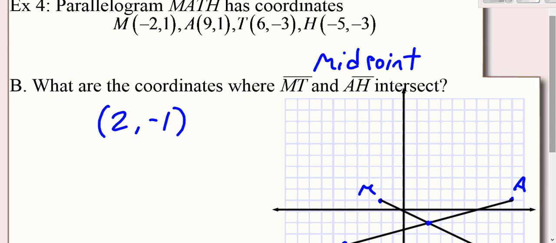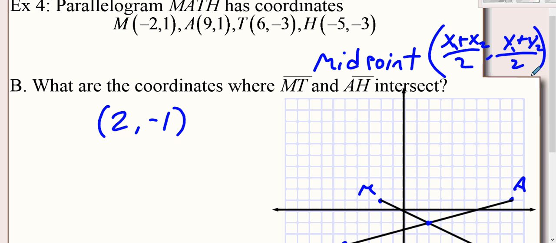So we could find the midpoint of either one of those, MT or AH. Remember, midpoint is x plus x divided by 2, y plus y divided by 2. That's our midpoint formula.